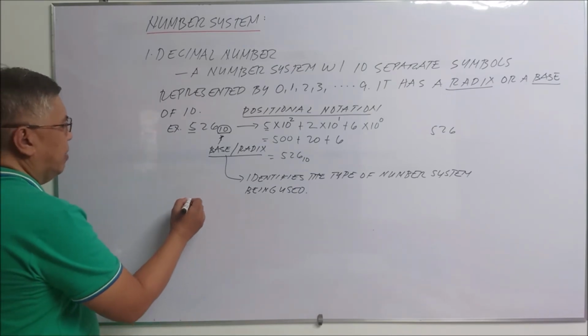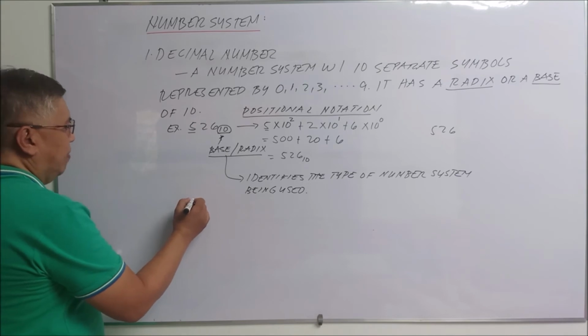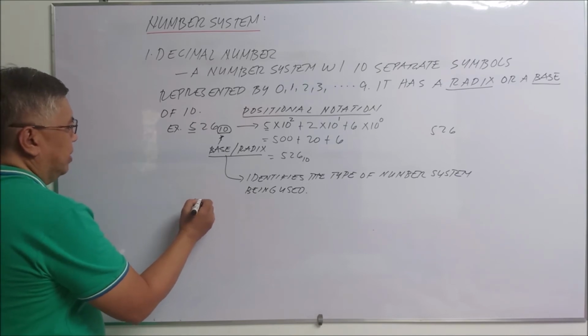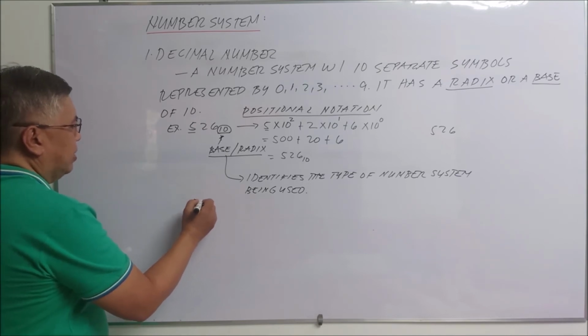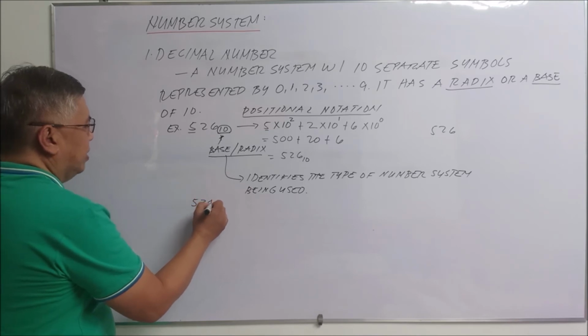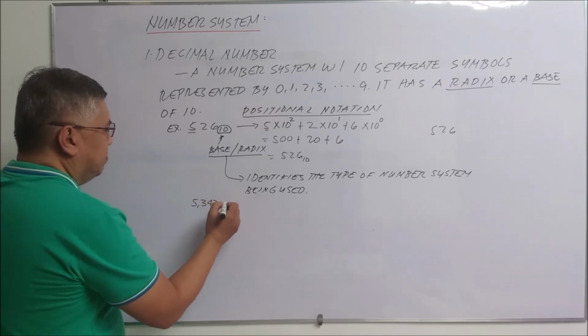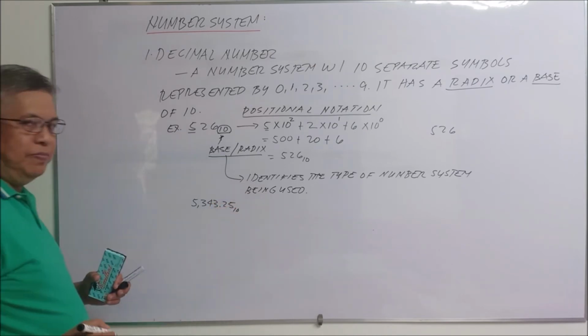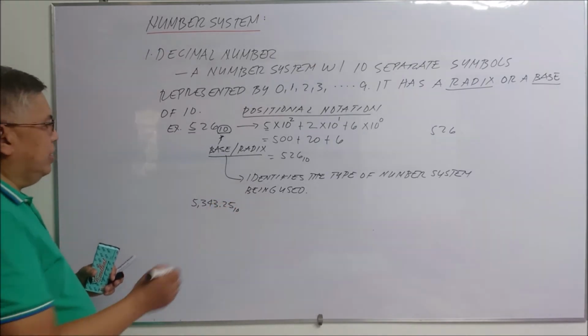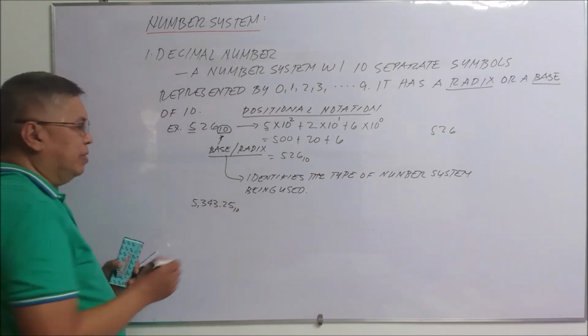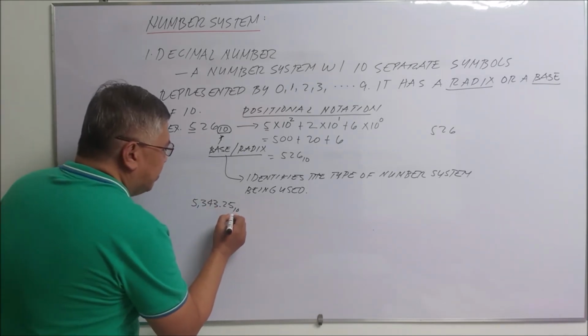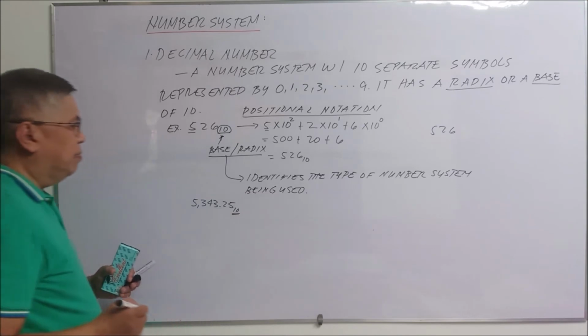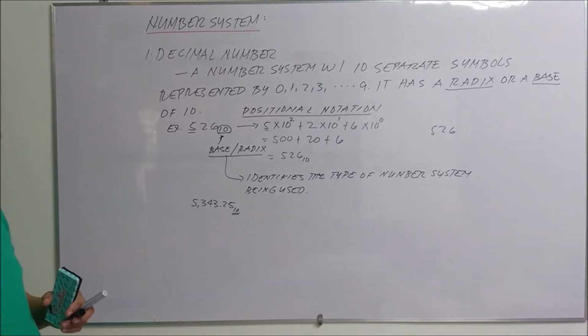Okay? So, another example is, let's say, 5,343.25 of base 10. Okay? So, this is a decimal number because of the presence again of your base or the radix.